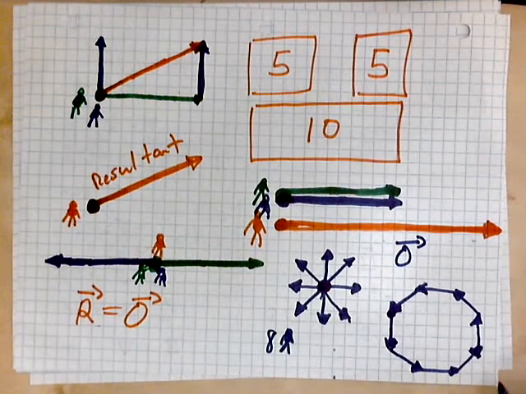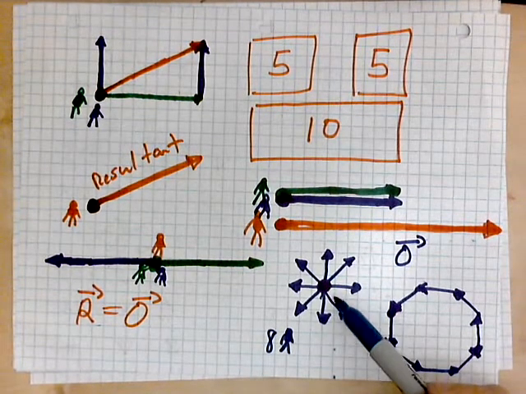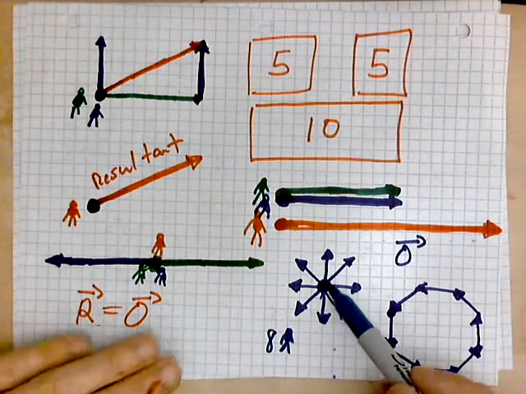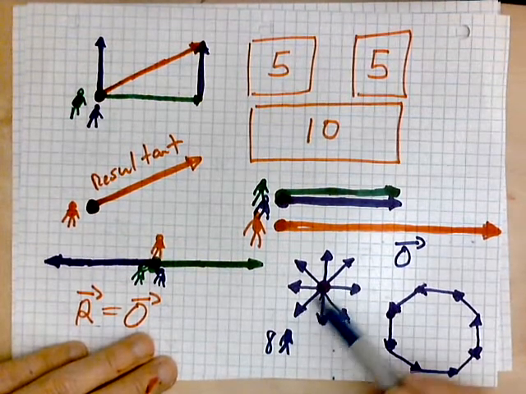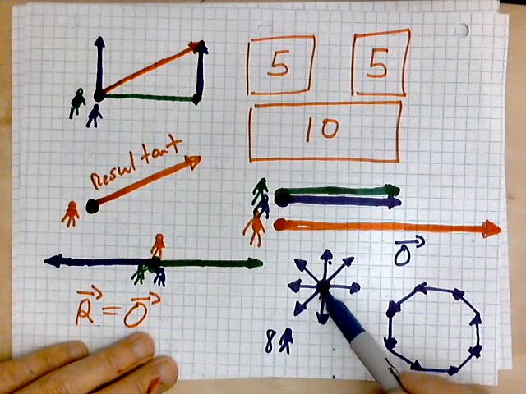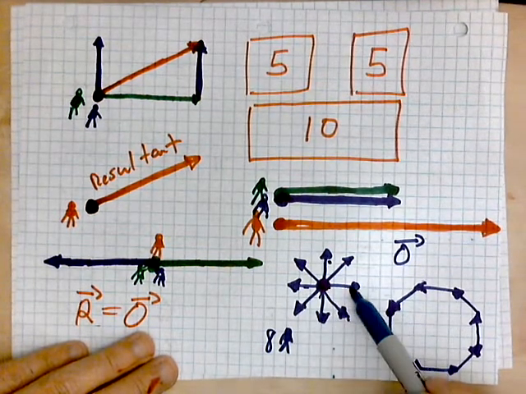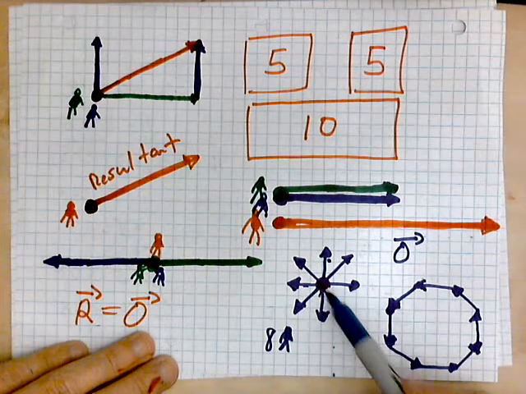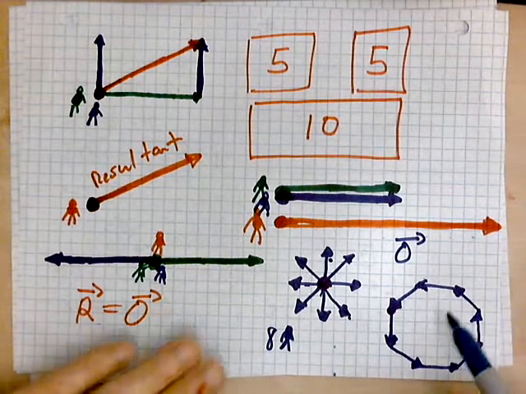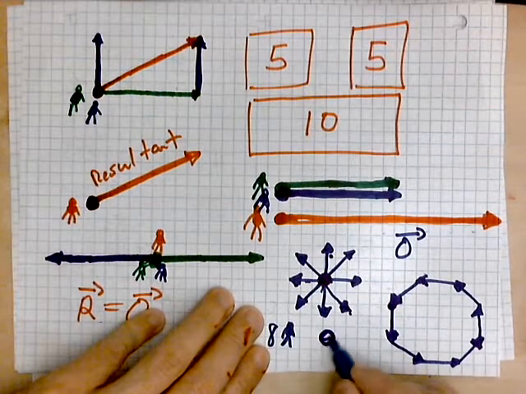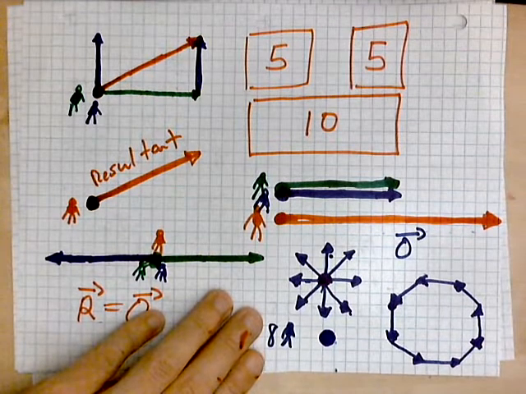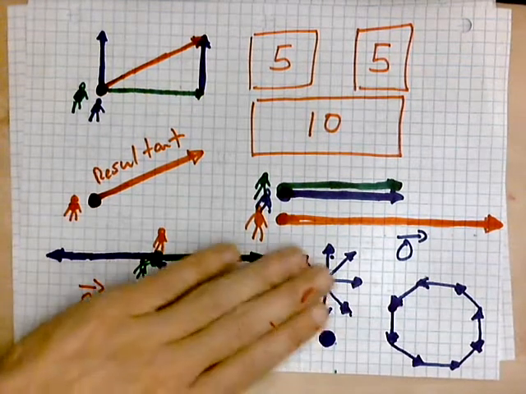In other words, because each guy exerts a force of the same strength, but this arrow opposes this arrow, the vertical up opposes the vertical down, the one to the left opposes the one to the right, and the one this way opposes the one this way, all of the forces cancel, which is simply the same as saying, leave the object alone and apply no force to it. And the result is the same in either case. So the resultant in this case is 0.